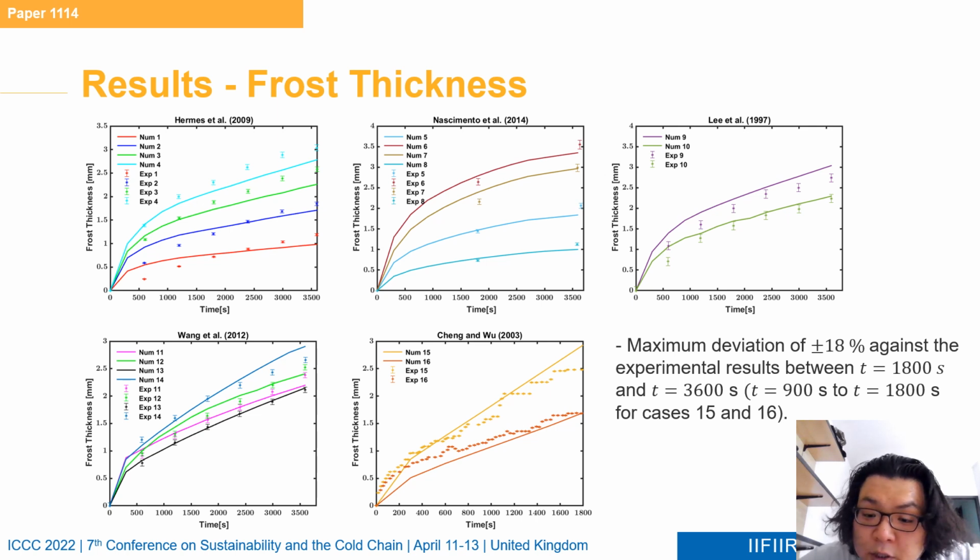The maximum deviation in the first half of the simulated time wasn't measured, as the frost thickness is relatively low. Therefore, any small deviation between the numerical and experimental results will be further magnified by the small value of the frost thickness.